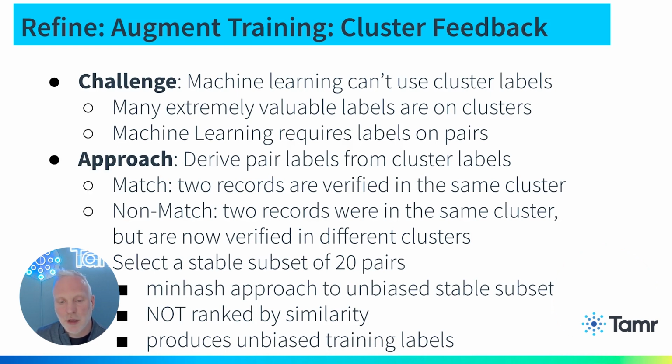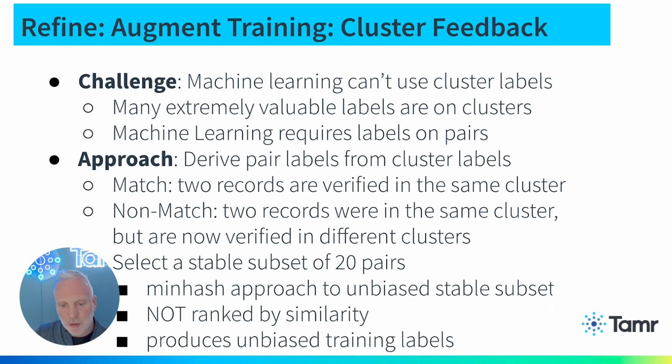That's a solid indication that it's a hard judgment to make and that those two records are on that decision boundary. So we look for cases where two records were in the same cluster, either verified by a human in the same cluster or the machine learning put them in the same cluster, but they are now verified in different clusters. So they're verified as being different, but at some point in the past, either the machine or a human made the judgment that they were the same. Those are our non-match labels.